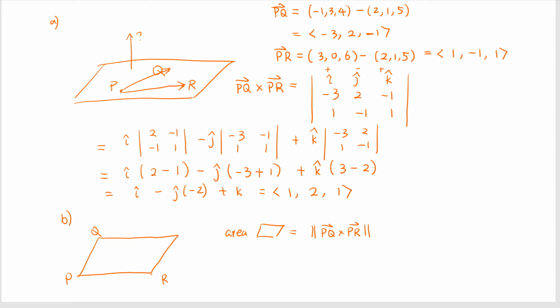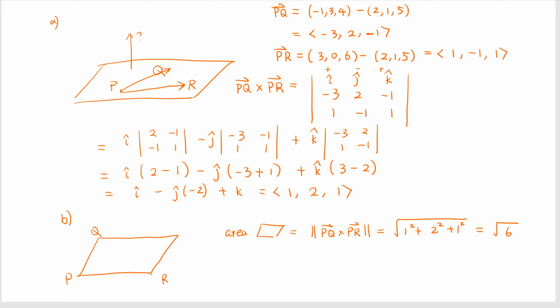Okay, so the area of the parallelogram is the length of the cross product. We can use the cross product of any two sides of the parallelogram, right? And let's see, what's the length of that? Each component squared, and then add them together, then take the square root. So 1, 4, 1 give us the square root of 6.